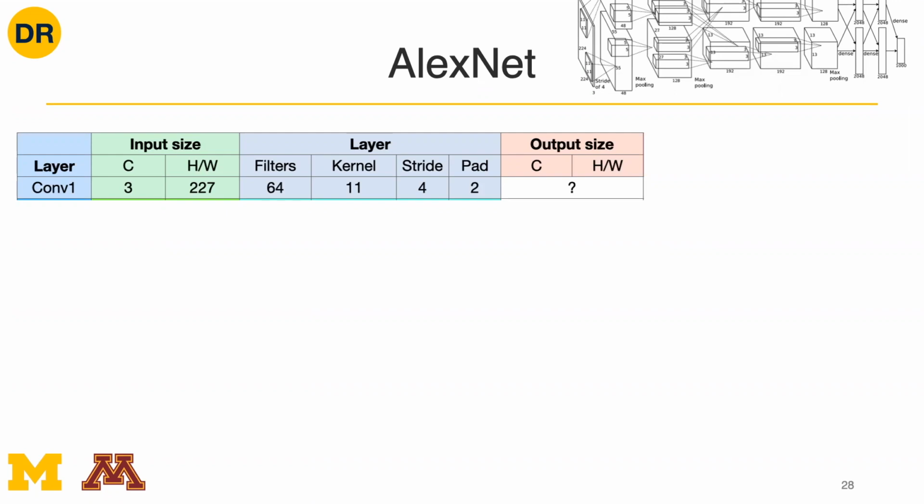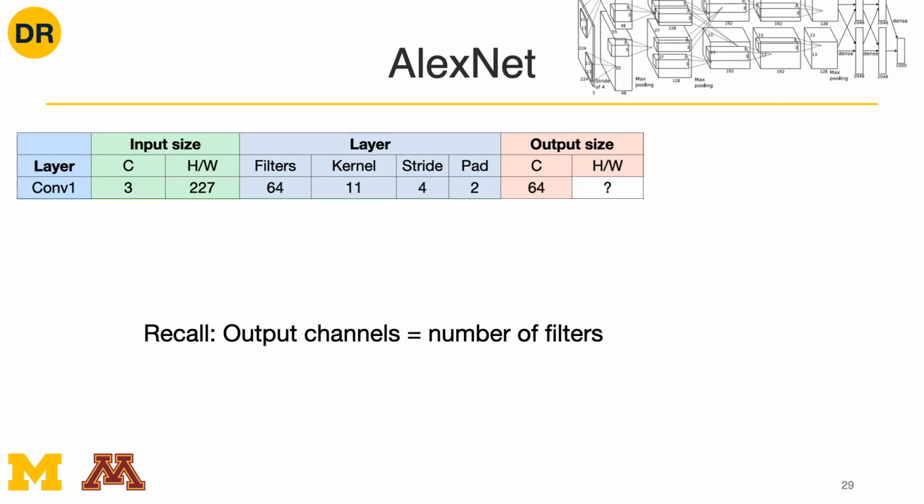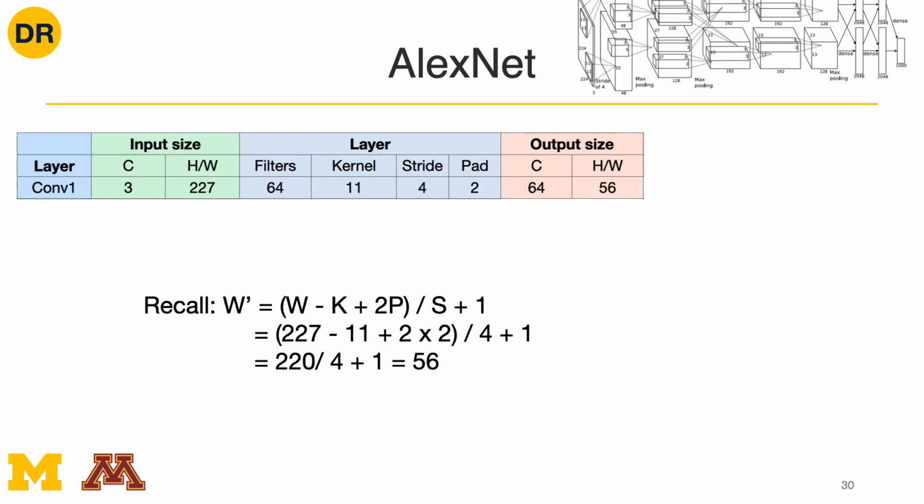The first layer uses 64 filters, where each filter again has 3 channels, a kernel size of 11 cross 11, stride of 4, and padding of 2. Can somebody tell what the output channel number would be? Just 64, right? 64 cross something that we can compute with the formula that we saw earlier.